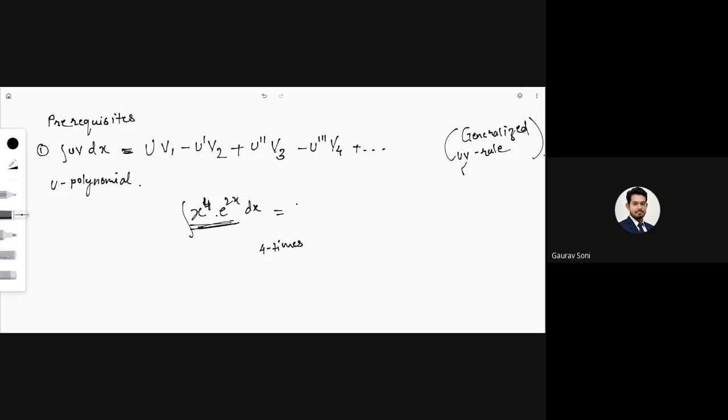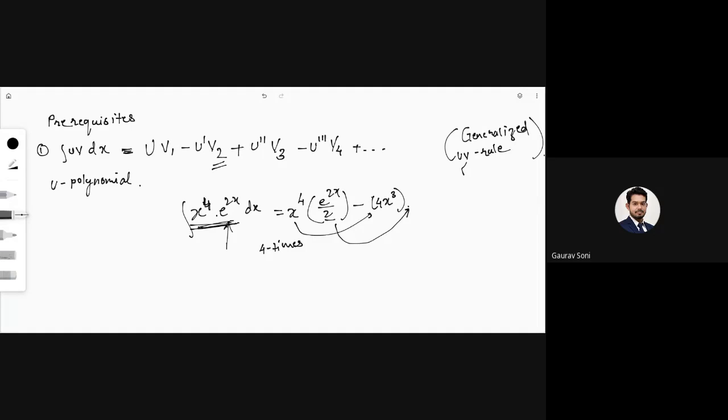You keep u as it is first, x raised to 4, with suffix v1 meaning one time integration of e to the power 2x, that is e to the power 2x by 2, minus the derivative of this term, which is 4x cube, then the integration of this, because here it is 2 times integration of v. That is the first time.